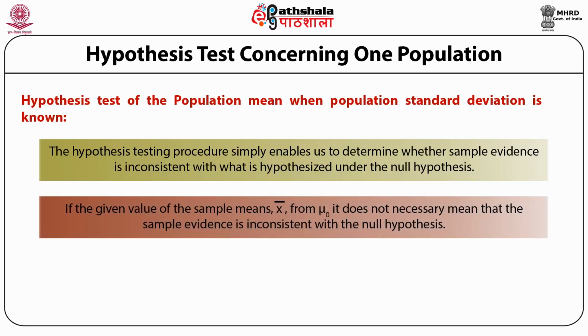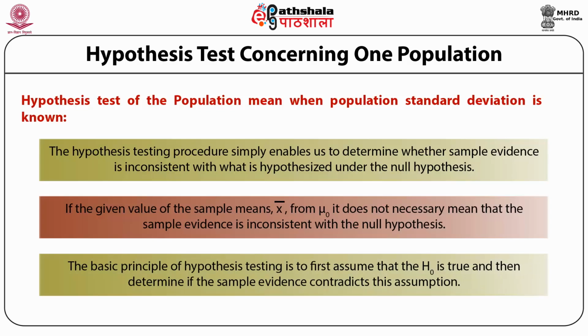If the given value of the sample mean, that is x bar, differs from mu naught, it does not necessarily mean that the sample evidence is inconsistent with the null hypothesis. Perhaps the difference can be explained by pure chance. The basic principle of hypothesis testing is to first assume that H naught is true and then determine if the sample evidence contradicts this assumption.